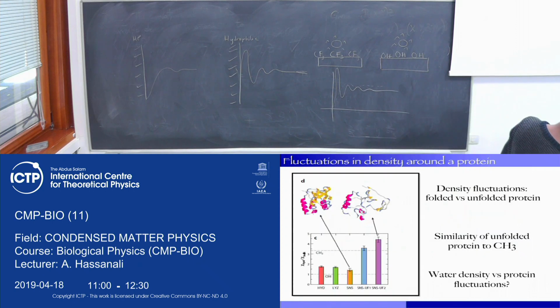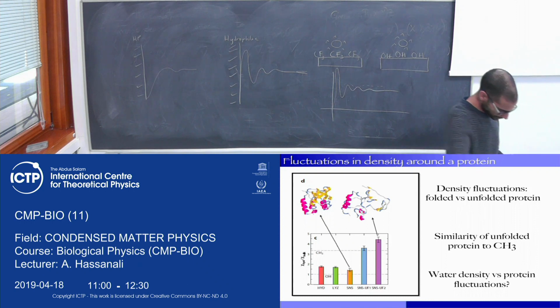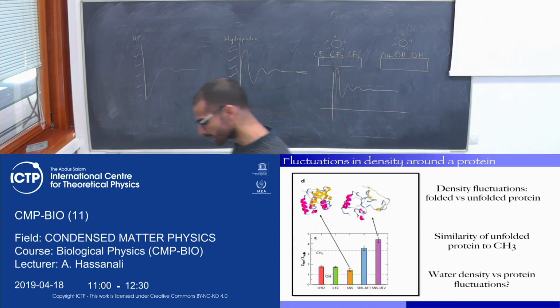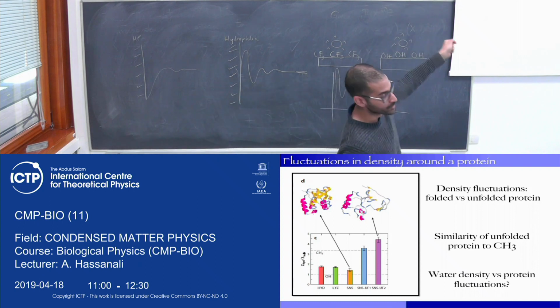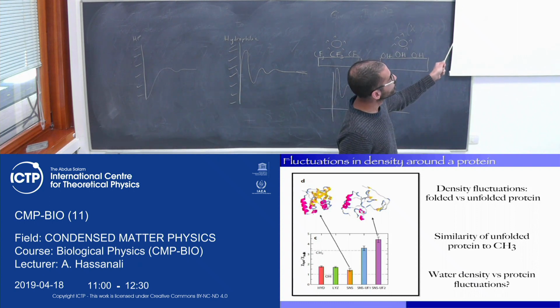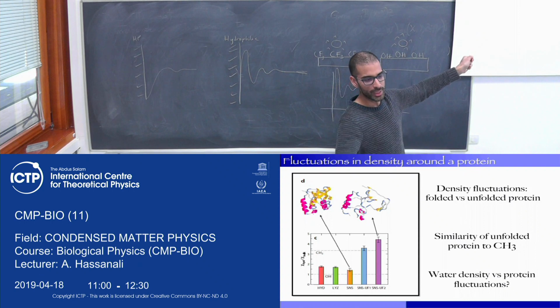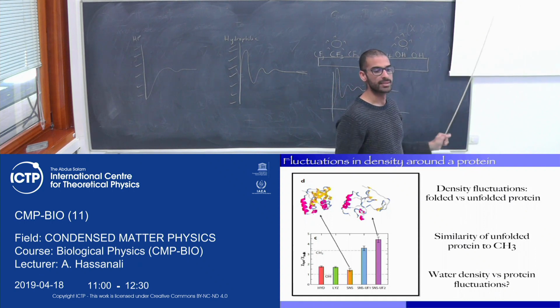Now you may be asking, well, what does this have to do with biology? So now I give you a practical example of where these concepts become important. We talked a lot about protein folding: folded protein, partially unfolded protein. Now I can ask the same question.